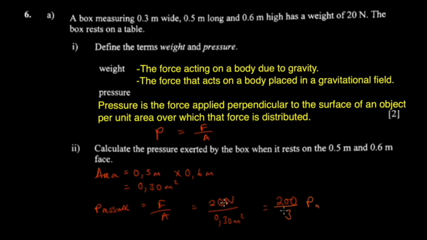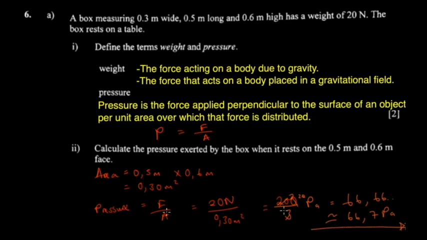And here it's 20 multiplied by 10, then you get 200. 3 into 20, you get 6, and 2. 3 into 20, you get 6 again, and so forth. So it'd be approximately 66.7 pascals. This is what you'd get.